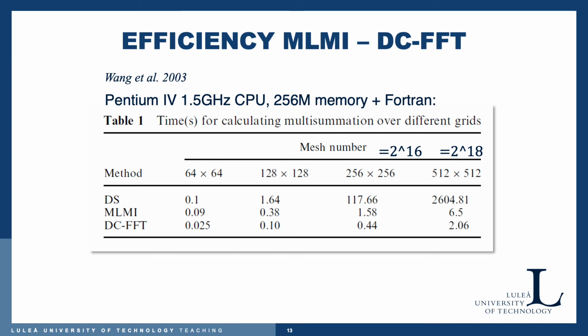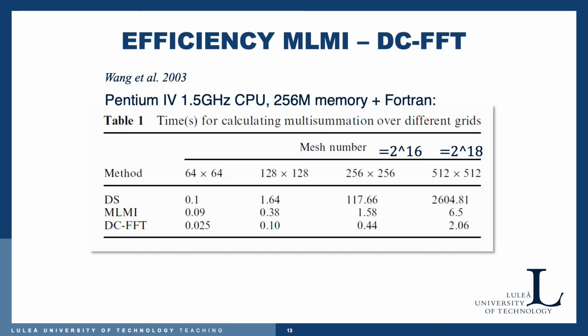But if they apply the multi-level multi-integration, they were down at 2 seconds, so from minutes to seconds, and then even a little bit shorter time with the DC-FFT, and this is due to the overhead cost. Setting up the multi-grid routine is a little bit bigger than doing the FFT.